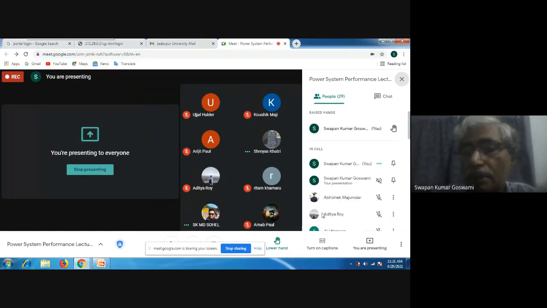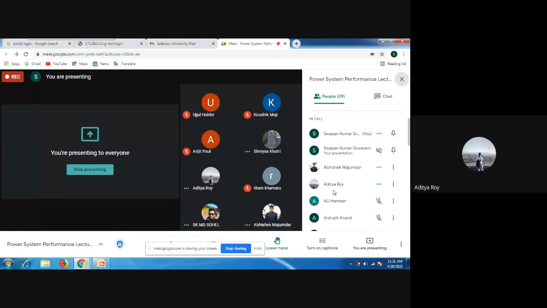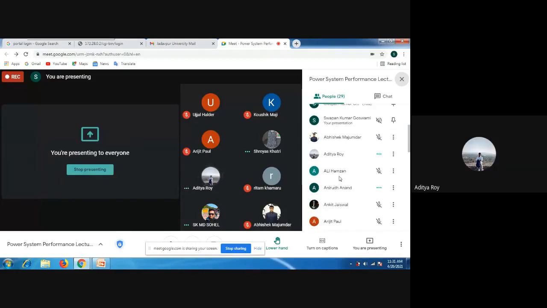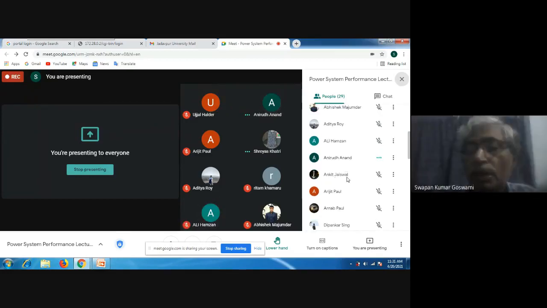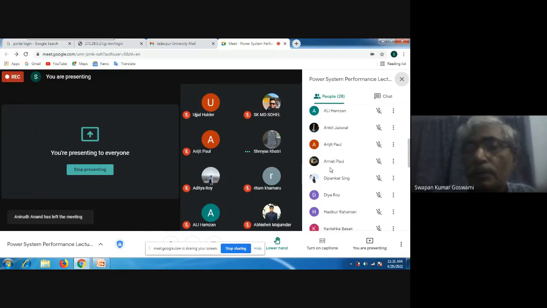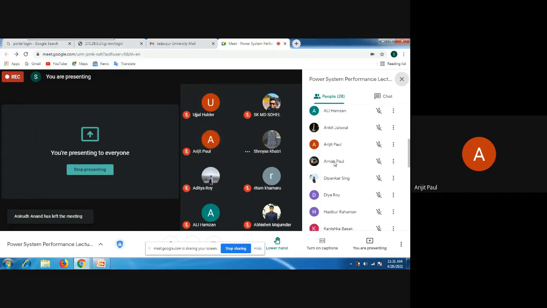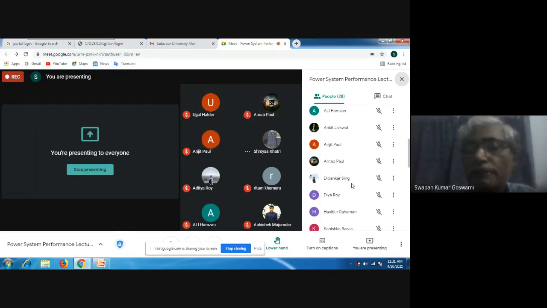Abhishek Mojumdar, present, sir. Aditya Rai, yes, sir. Ali Hamzan, present, sir. Anirudh Anand, present, sir. Ankit Joshwal. Arijit Pal, yes, sir. Arnab Pal, yes, sir. Dipankar Singh, Dia Rai, yes, sir.